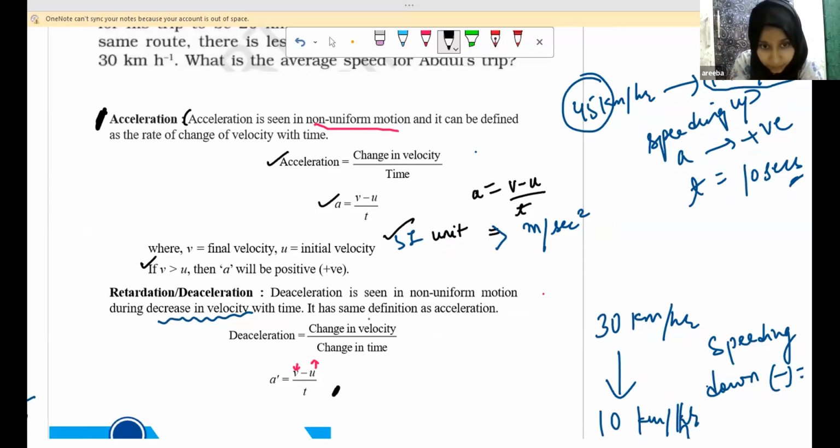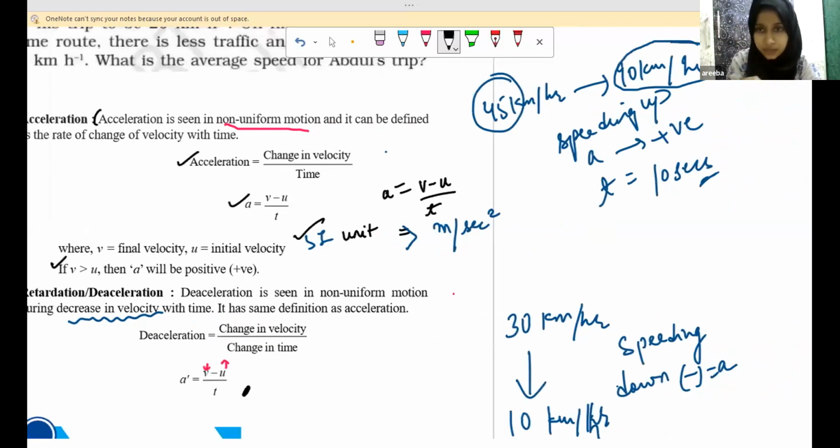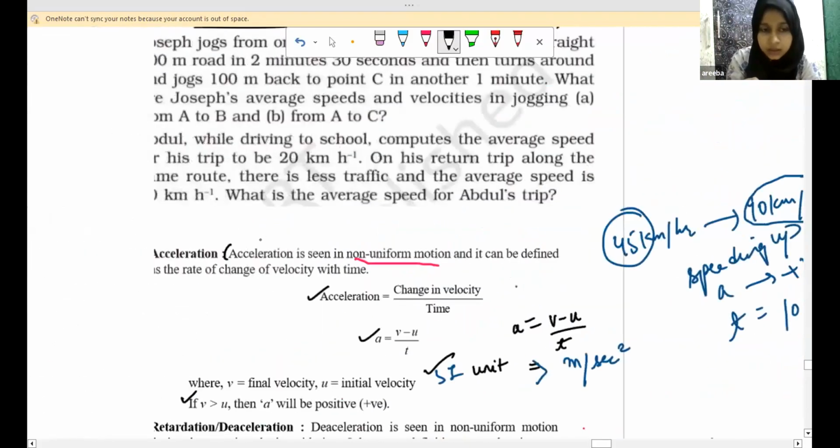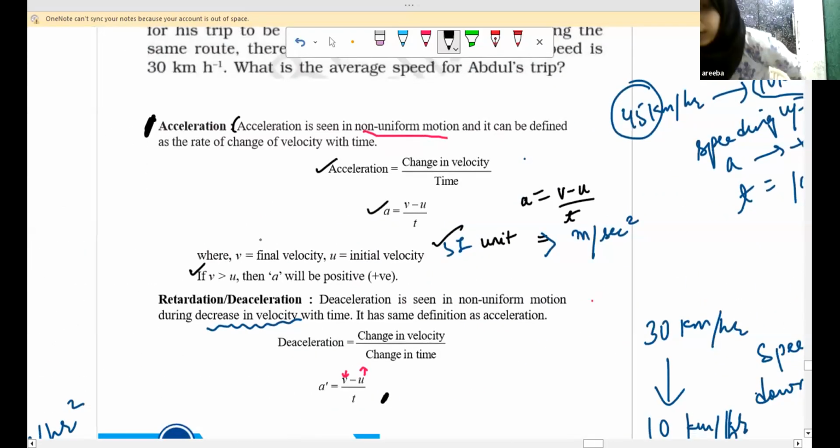Okay, ma'am. Now suppose my speed is increasing from 20 to 50 kilometer per hour. Okay, Bethel? Earlier it was 20, then later on it became 50 kilometer per hour.